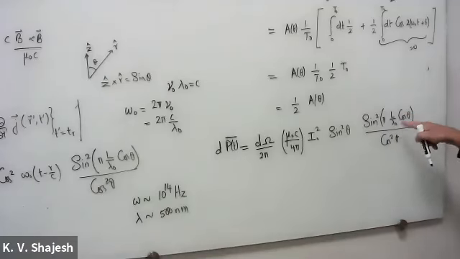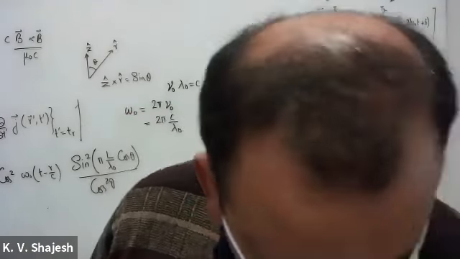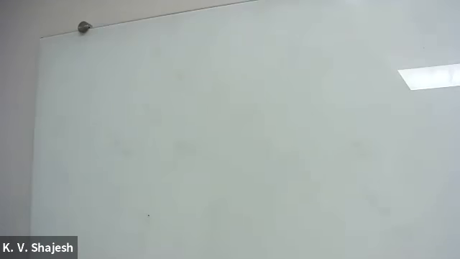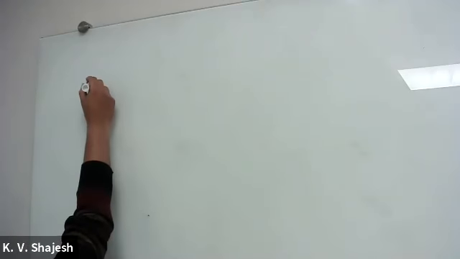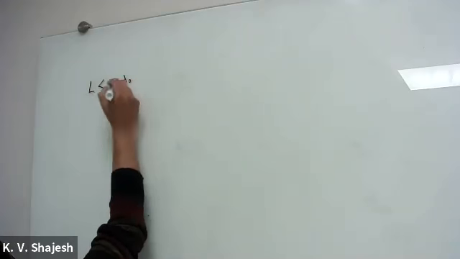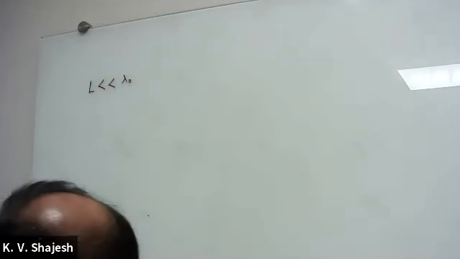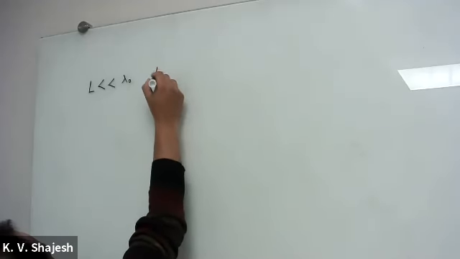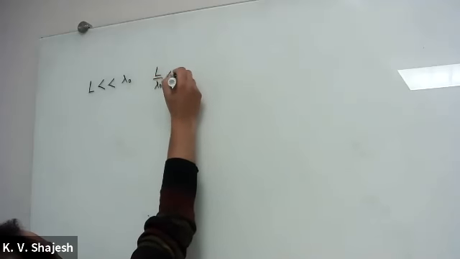One thing is very clear. What if L is very small compared to the wavelength? Let's go to the other side of the board. What happens if L is very, very small compared to wavelength? Then L over lambda naught is very much less than 1.